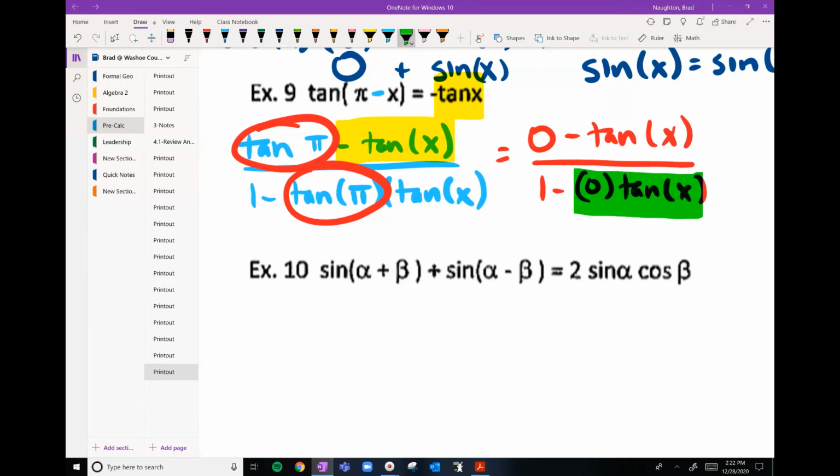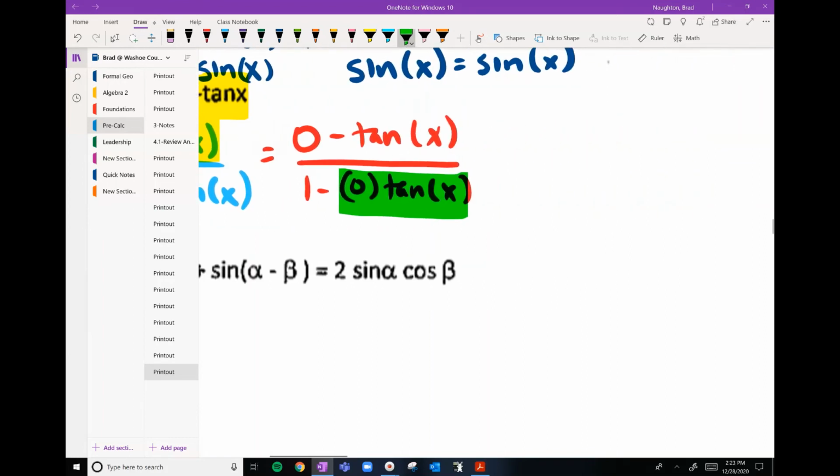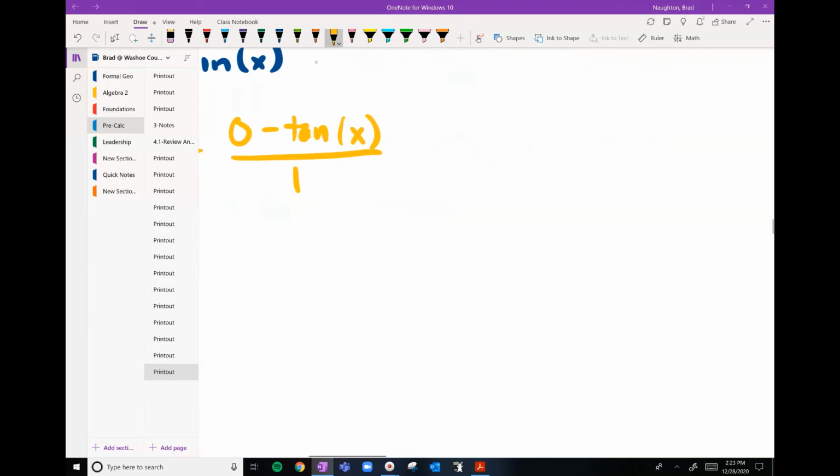So 0 times anything, as we just mentioned, is going to give us 0. So on the top here, we'll get 0 minus tan x over 1. Well, anything over 1 is going to be 0 minus tangent x. Well, 0 minus tan x is just going to give us, whoop, negative tangent x. And that's what we want to have happen.